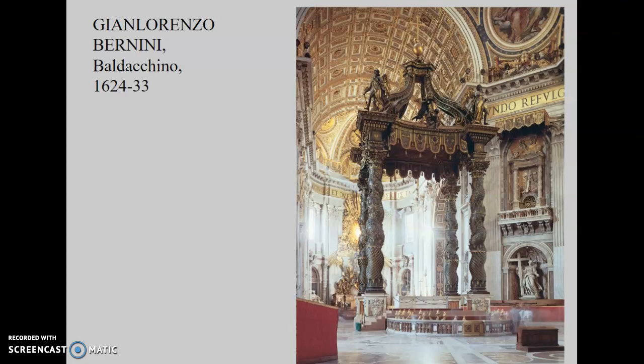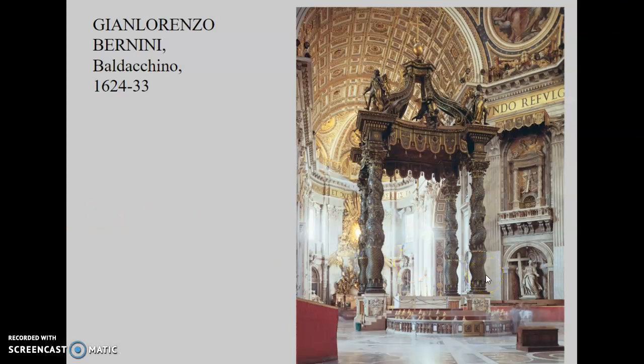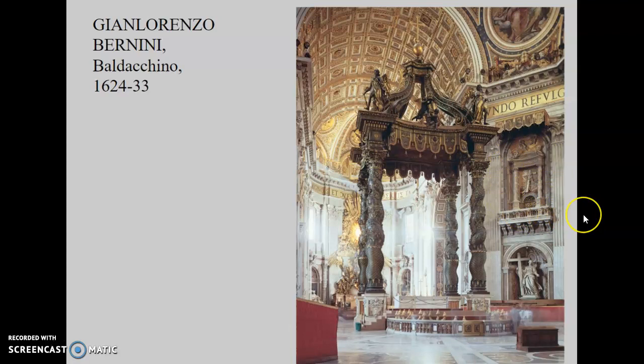He uses a twisted column motif, and he does this in particular to reference columns that at the time were thought to be from the Temple of Solomon. And these, you can see them just to the right-hand side of this picture.